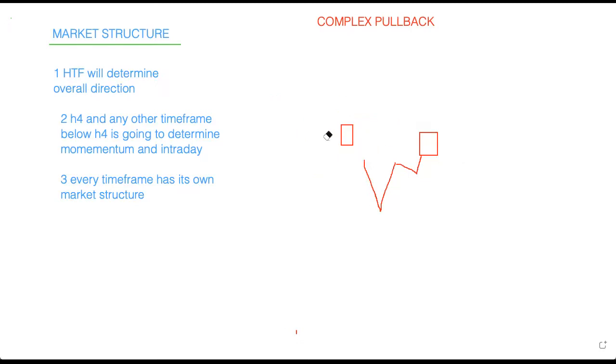Now, so we have what we call time frame alignment, whereby your daily chart, you can see it selling. Your weekly chart also, you can see it selling. Right?